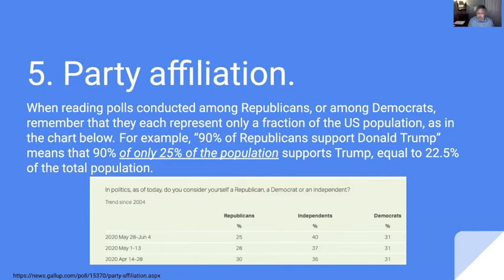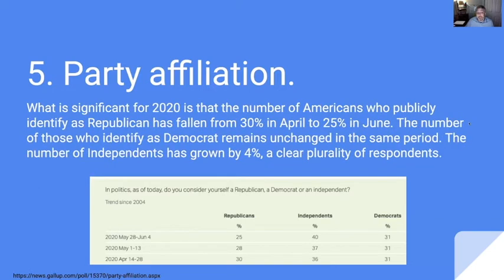Those people absolutely exist, and you should keep that in mind too when reading polling data. And this is just a commentary about how the number of Republicans versus Democrats has changed in 2020. As a political historian, I can say this is most likely because of the divisive nature of Donald Trump.